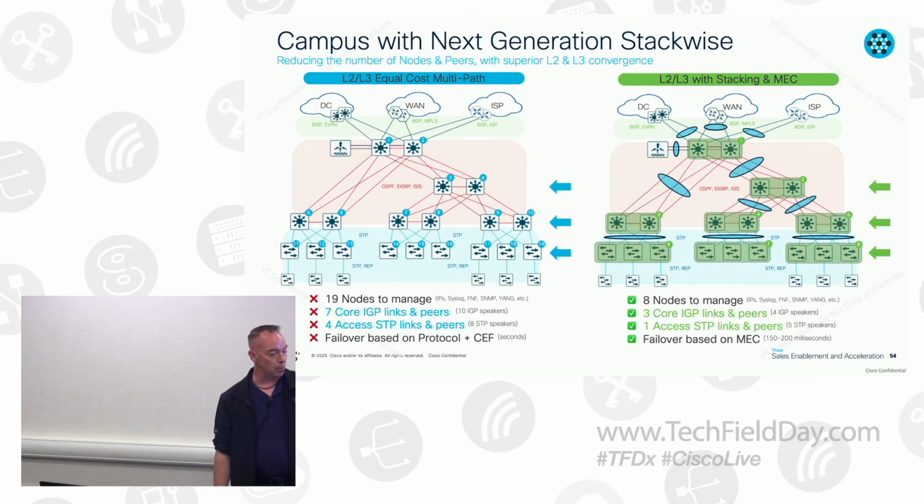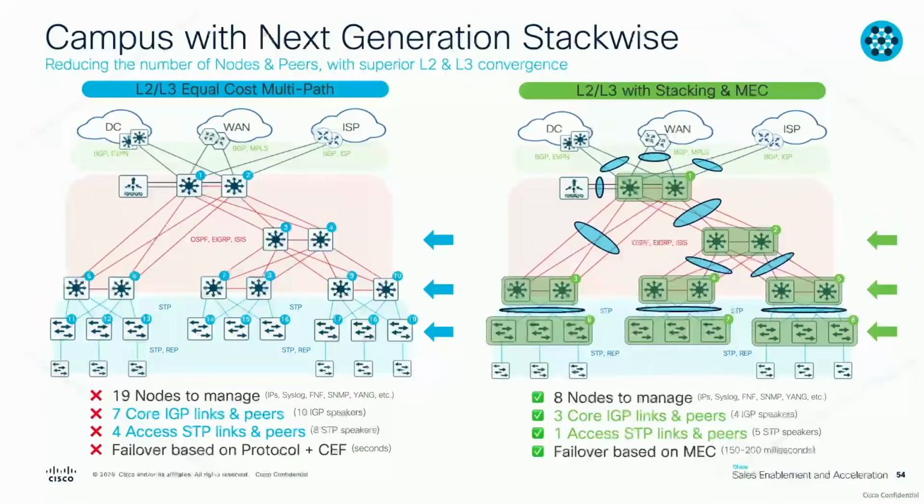The other piece I was saving for the bottom. In this protocol-based equal cost multipath, it's going to be BGP, OSPF, or spanning tree that makes the decision to reconverge. So when a link dies, stuff happens, right? It then, based on the protocol and whatever timers, will choose the new path. That can be in the order of seconds, even minutes in some cases. The real magic of stacking is multi-chassis EtherChannel, making it a logical interface.